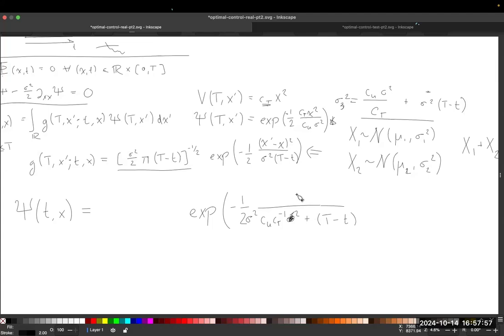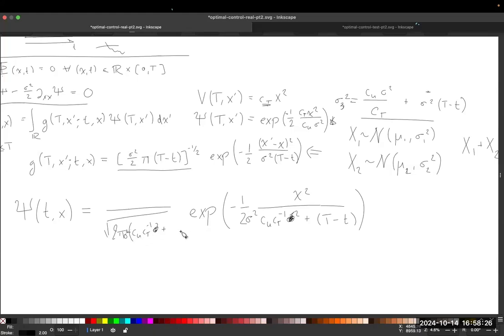And then we'll have our x squared up top. And then we also have to write out the square root of 2 pi times our variance, so Cu Ct inverse sigma squared.